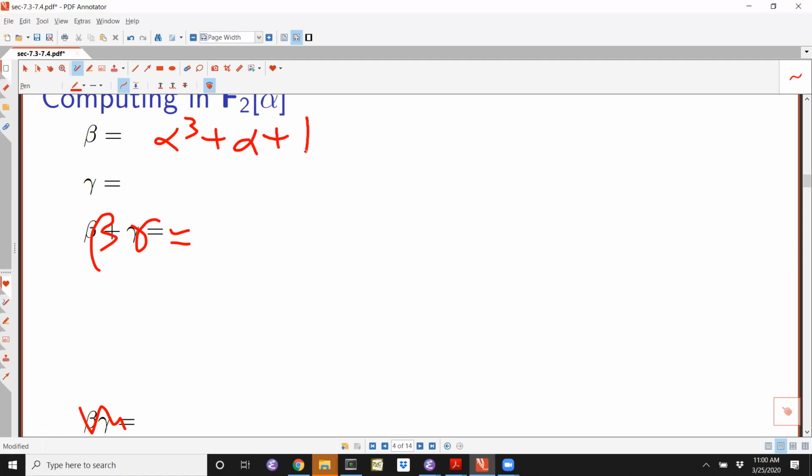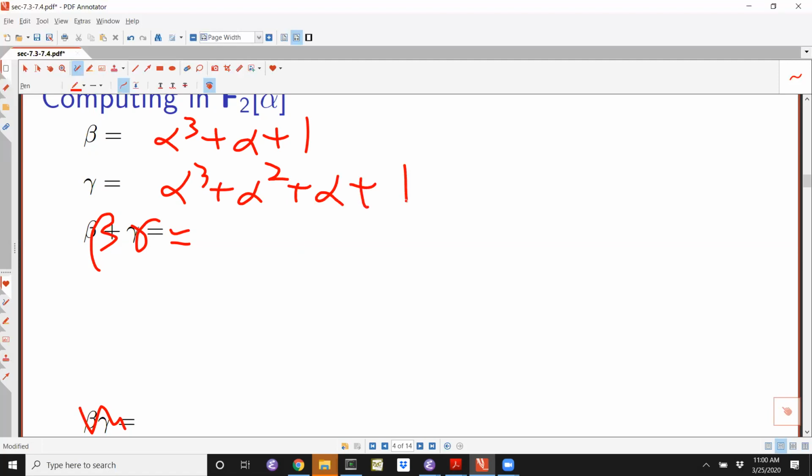And can somebody else pick another subset of 3, 2, 1, 0? I'll do 3, 2, 1, 0 itself: alpha cubed plus alpha squared plus alpha plus 1.